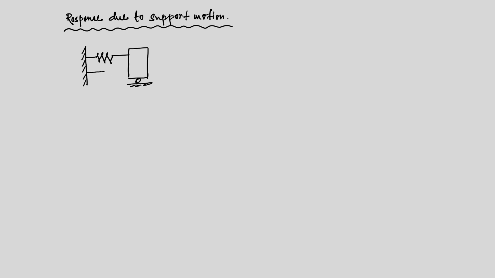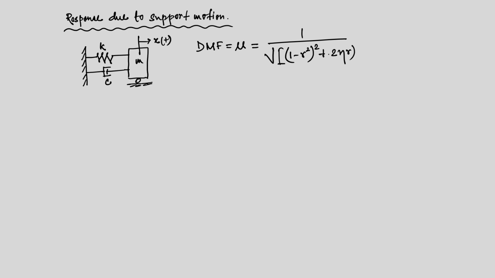Mass, stiffness and damping, and x of t, where the dynamic amplification factor, DMF, is also defined by this non-dimensional one: square root of 1 minus r square whole square plus twice eta r.